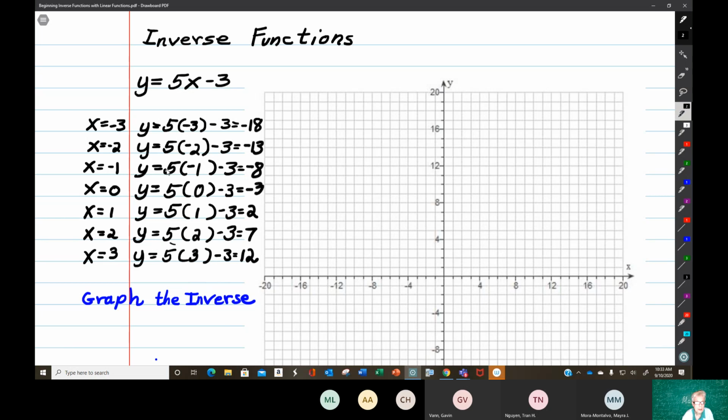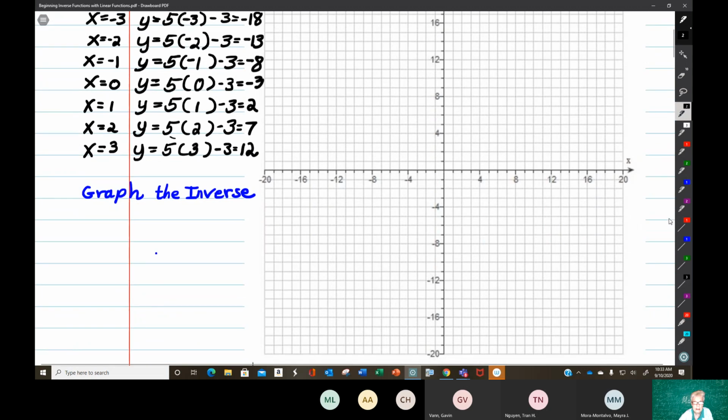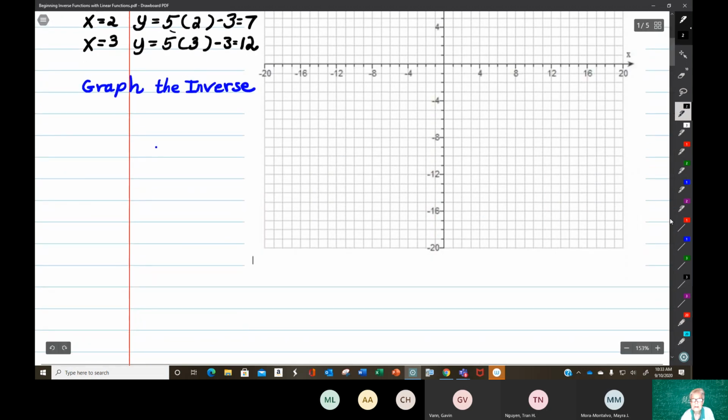So I am going to graph the points. x equals -3, y equals -18. Let's go down here.